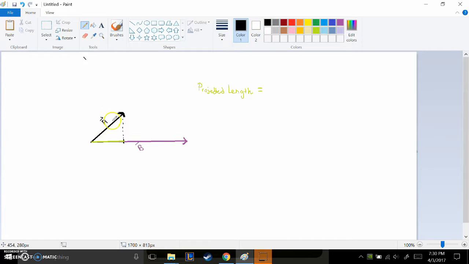We would say the projected length of A on this axis in which B lies is A, which is the maximum it can be, multiplied by some scaling factor. If we call this theta, the angle between the two, it'll be cosine of theta.